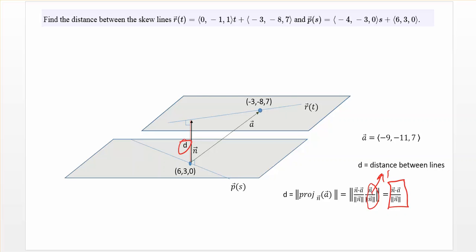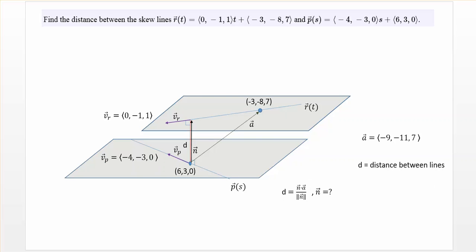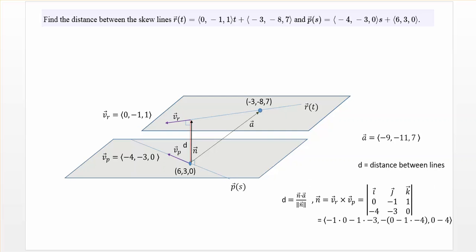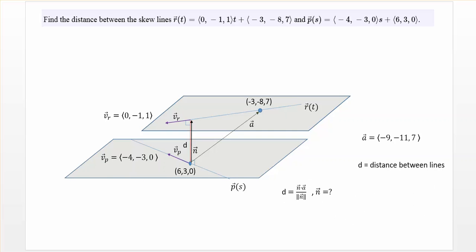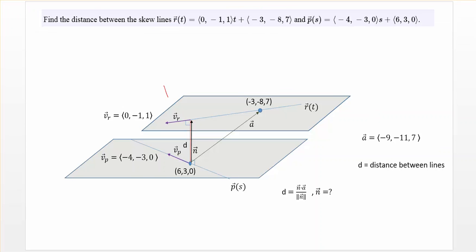But what is n? How do we figure out n? n is a vector that is perpendicular to both the line r of t and the line p of s. Both of these lines lie on planes that have normal vectors. R of t lies on this top plane, and it has a direction vector, V sub r, because it's on the line r.